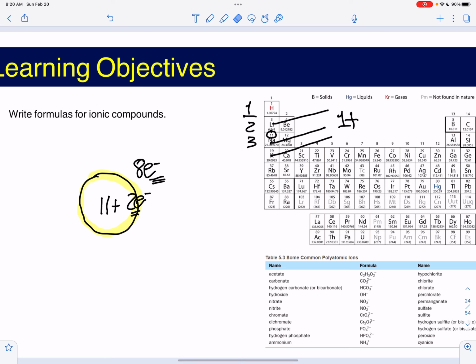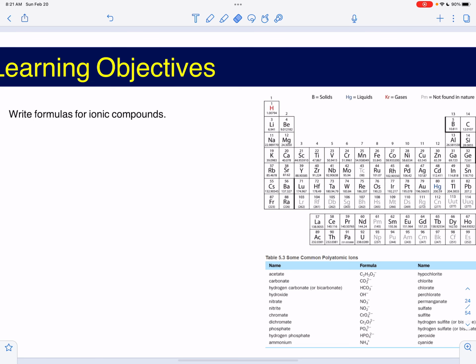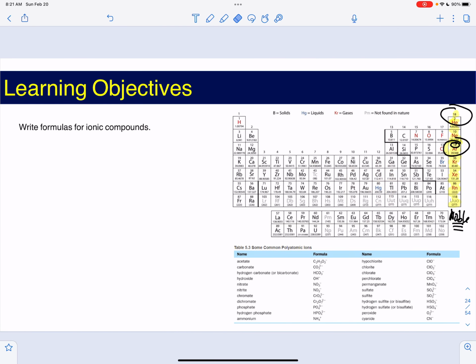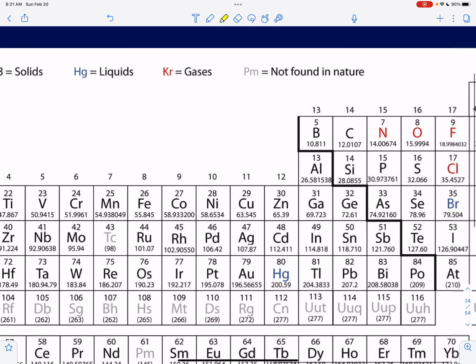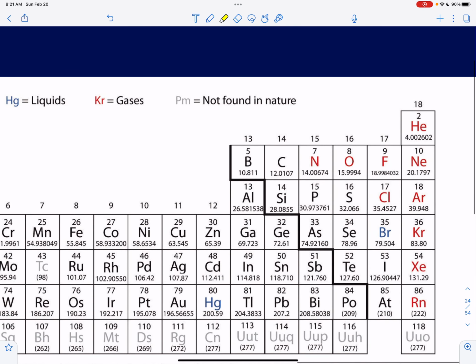And remember, I told you that when you look at the periodic table, this number here is telling you how many electrons I have on the last shell.